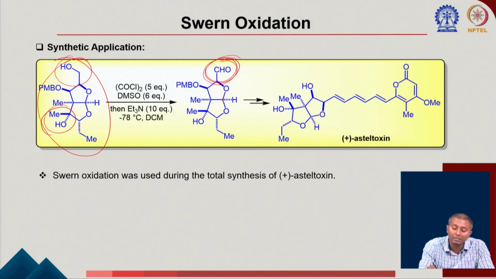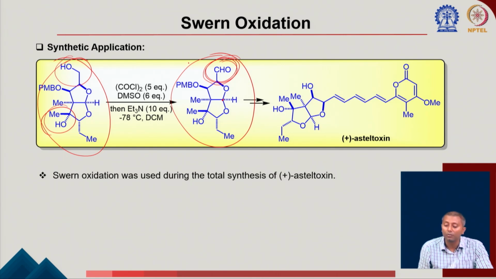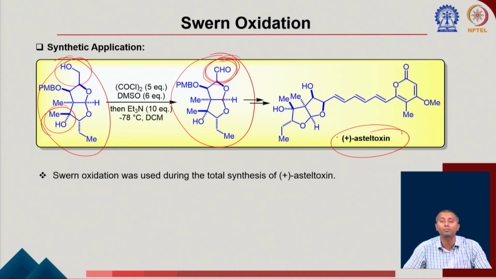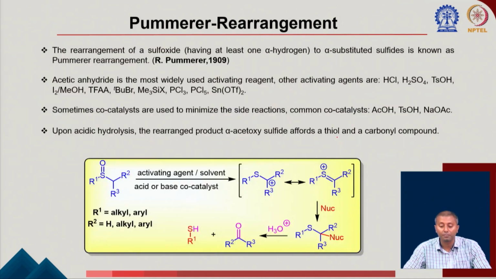This has some sort of ketal linkage, so these are also not getting decomposed. The product is isolated in a good yield, which is finally converted after a few steps to an important natural product. So you will see that Swern oxidation was used for several natural product syntheses where there are some sensitive functional groups.